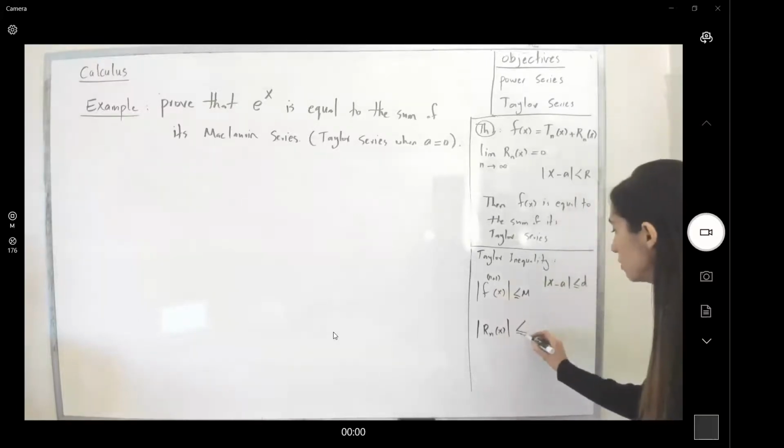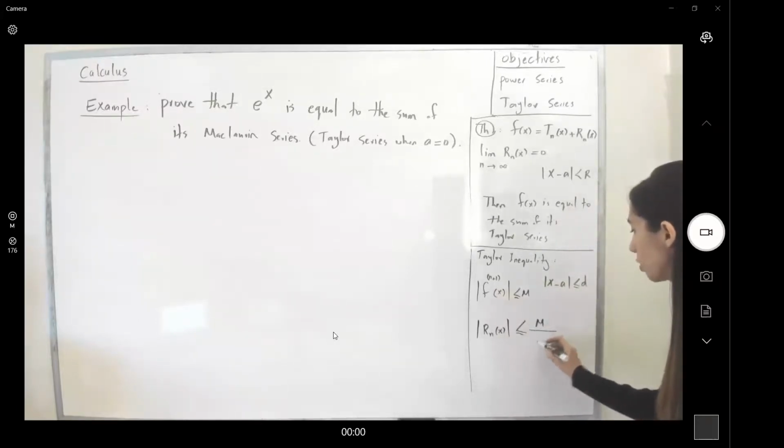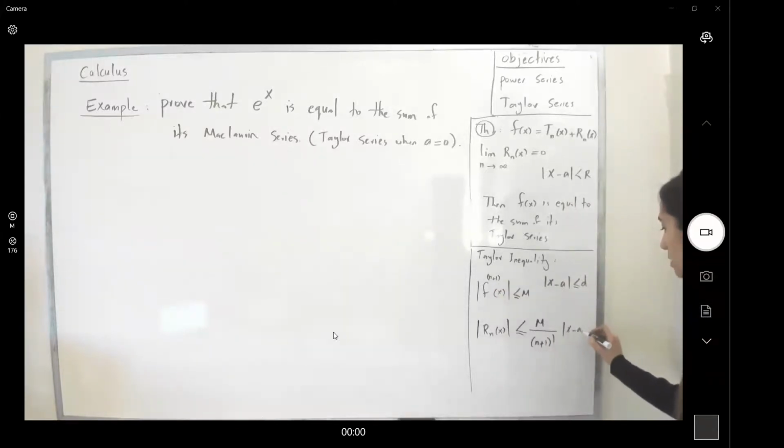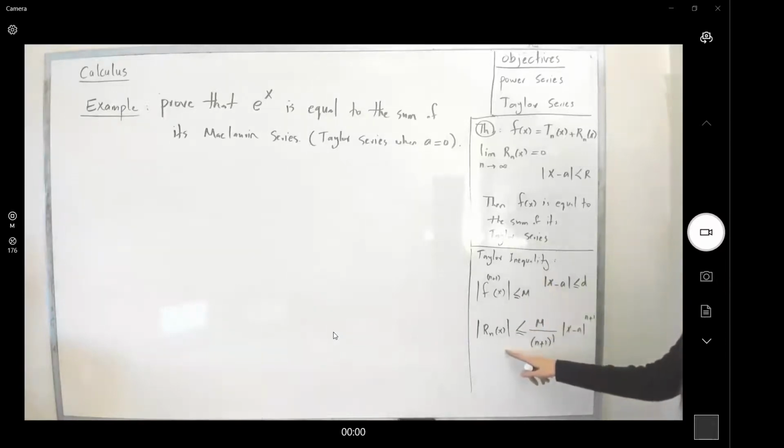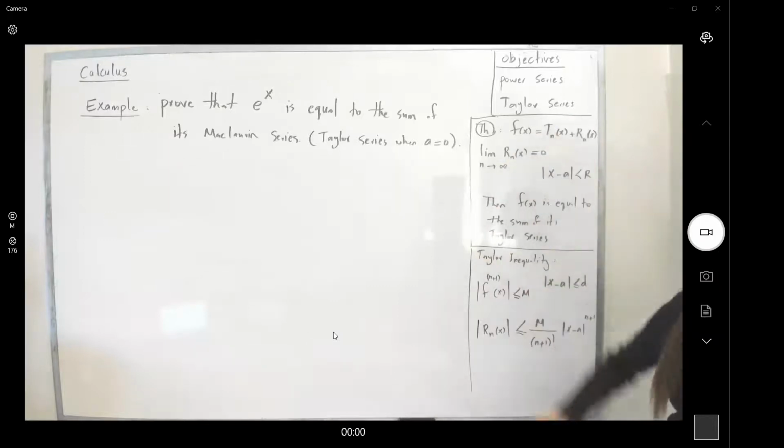This is less than or equal to M divided by (n plus 1) factorial times |x minus a| raised to n plus 1. So this is our Taylor's inequality. If we can find the boundary for our remainder, we can easily find the limit. If the limit goes to 0, we can apply this theorem.